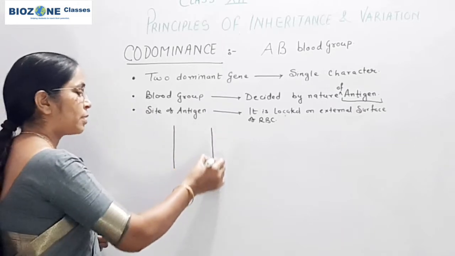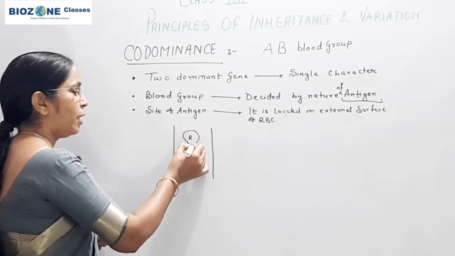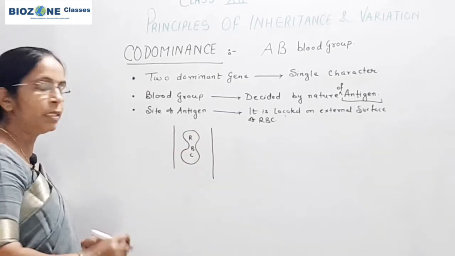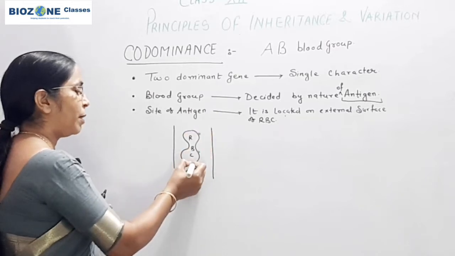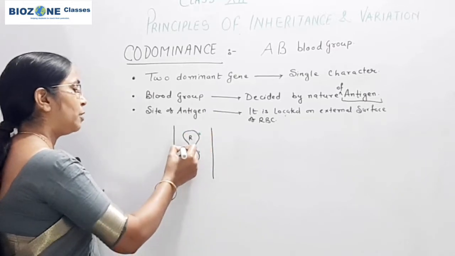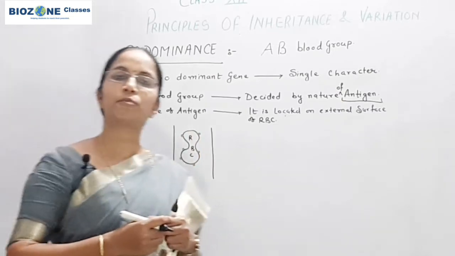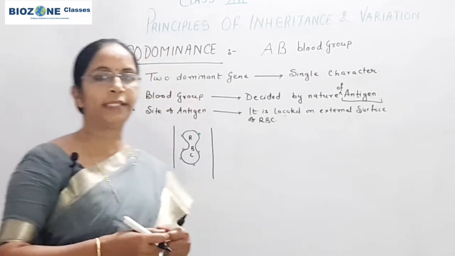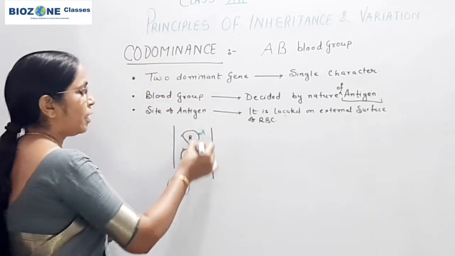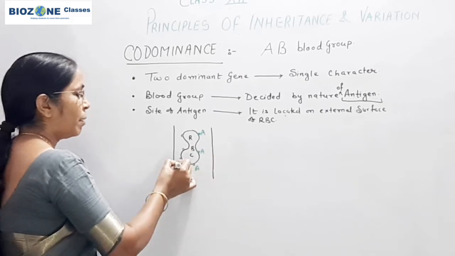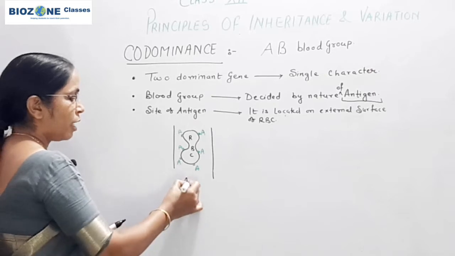Suppose this is a blood vessel and this is an RBC of a human being, biconcave in shape, and on the external surface of this RBC some special antigens appear. According to NCERT, antigens are special types of sugar, so follow NCERT strictly. When the antigens are of A type, the blood group of the person is A group.